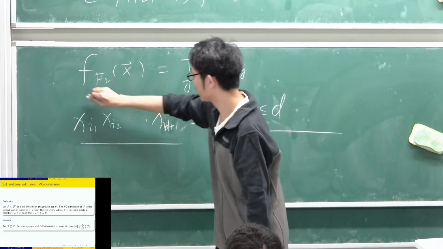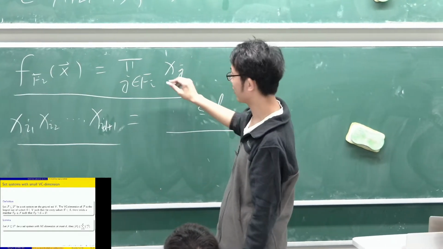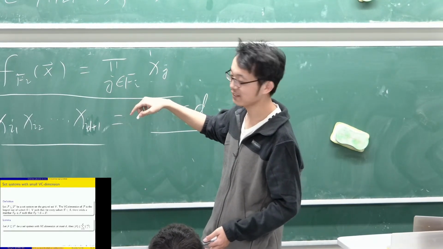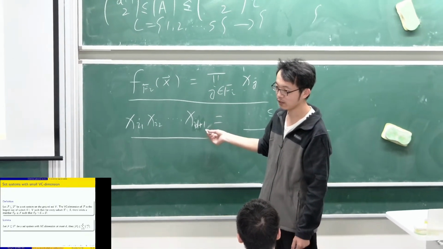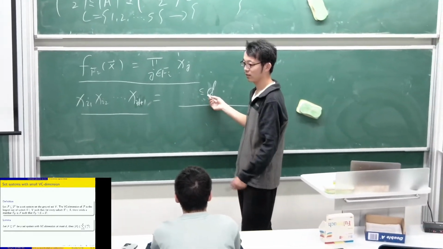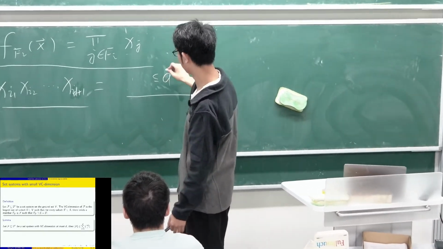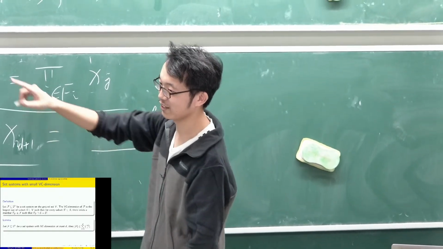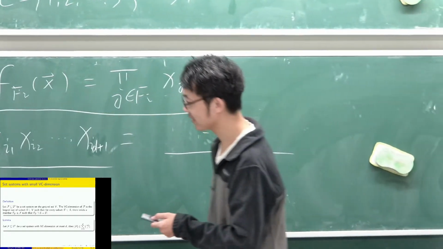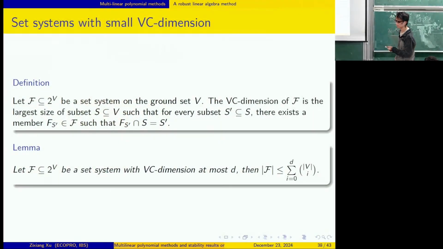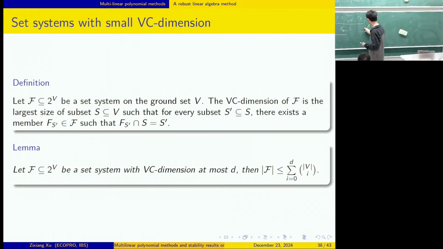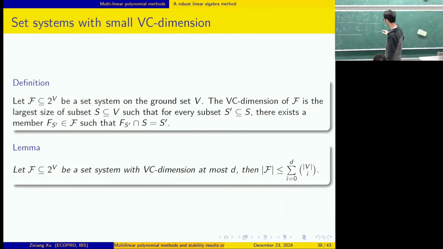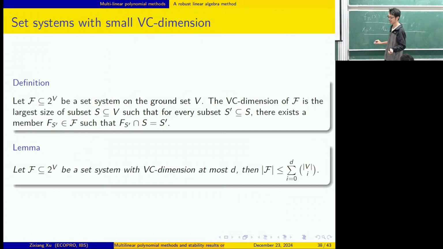First we need to show that indicator polynomials must be linearly independent. Then for each monomial of degree at least d plus 1, you can represent it as some linear combination of monomials of degree at most d using the condition of VC dimension. Because for each set of size d plus 1, it cannot be a shattered set.